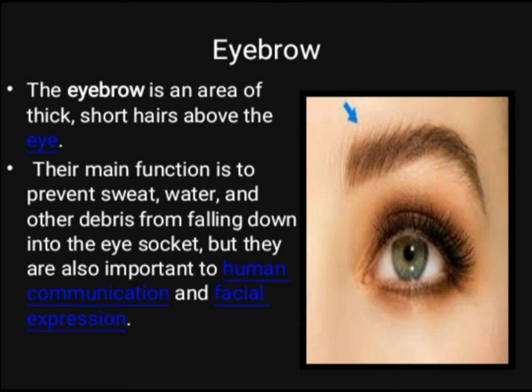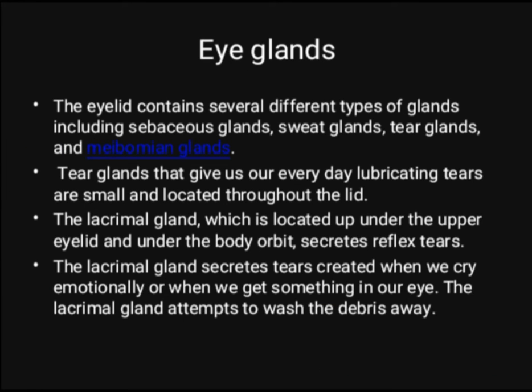So next is the eye glands. As you can see, our eye has various glands in it, for example sebaceous glands, which are modified sweat glands. Then sweat glands, tear glands, and the important meibomian gland. It forms the lipid layer in the tear, which helps prevent the tears from evaporating easily. It maintains the tear staying capacity.